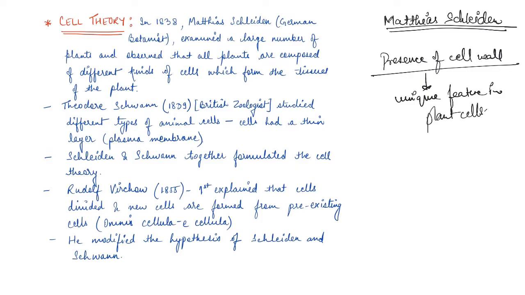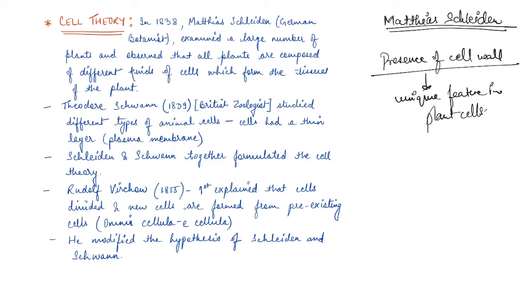These were not present in animal cells, right? On this basis, Theodor Schwann proposed the hypothesis that the bodies of plants and animals, remember guys, are composed of cells and products of cells.